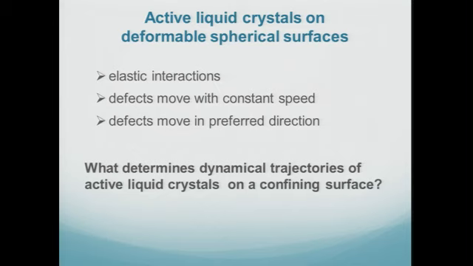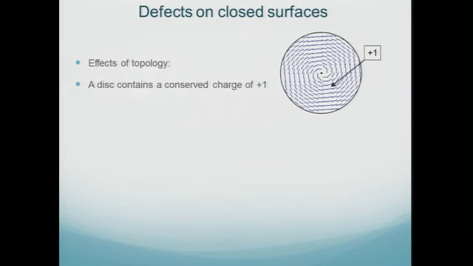And so you have a problem: can I put defects on a tetrahedron, for example, and have them move at a constant speed? Moreover, these defects move in preferred directions, right? So these are the three things that you ideally want to satisfy, and what would be a dynamical trajectory of defects on a spherical surface that's deformable?